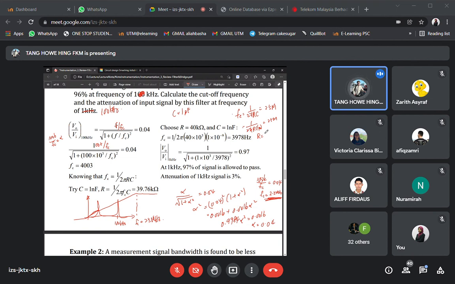1 divided by 2.5 mega, and then this one divided by 2 times pi times 1 pico, so 10 to the power of -12. Yep, so I'm going to get the resistor that I have calculated.